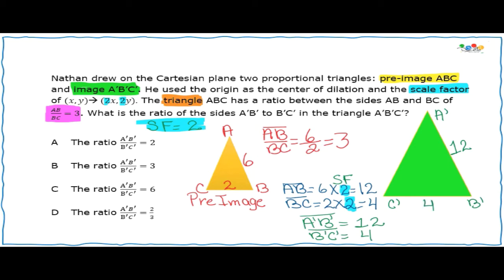What I need to do now is compare them, right? I'm comparing 12 over 4. What's 12 divided by 4? That would be 3. Very good.